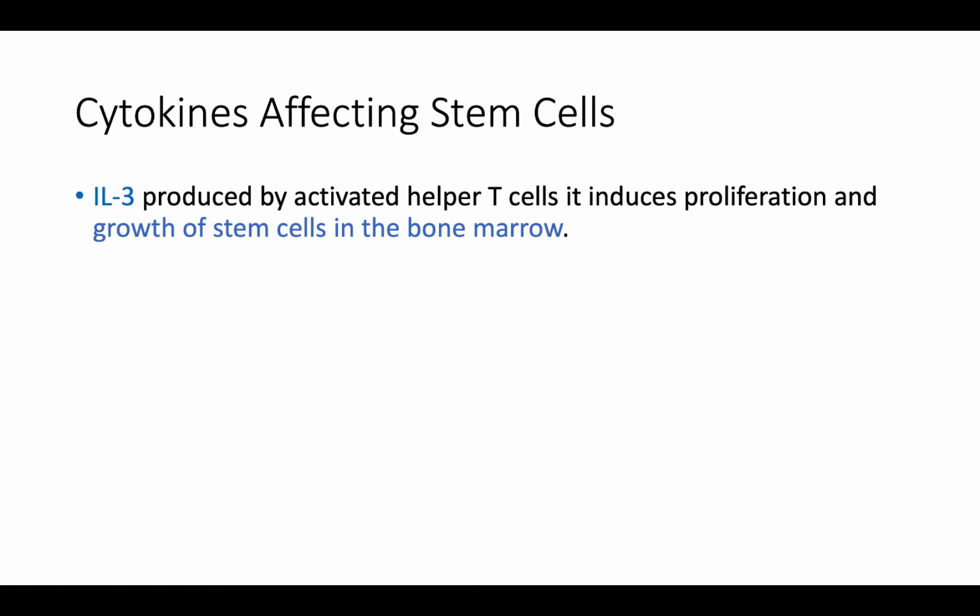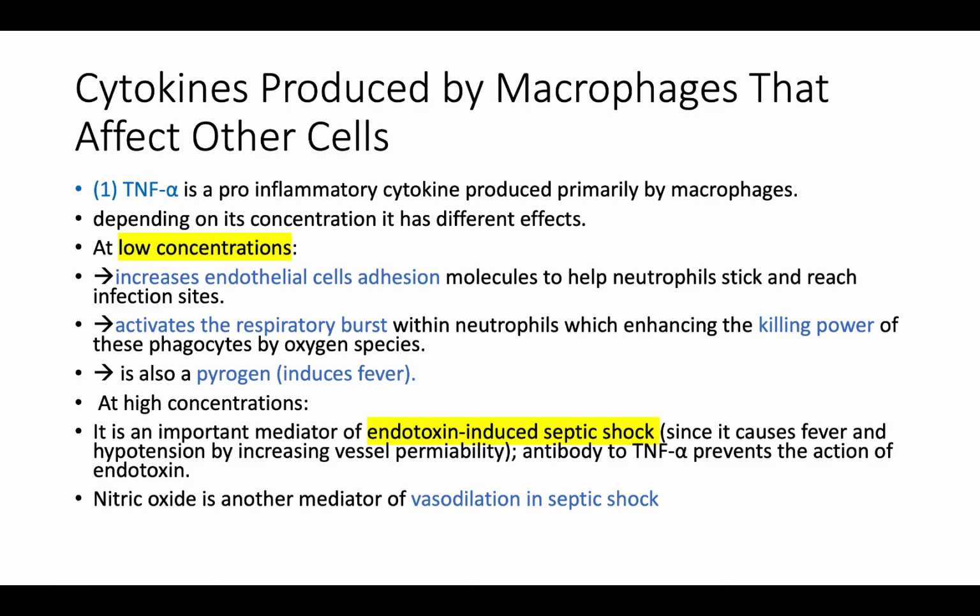So if you control infection, the proliferation of stem cells and white blood cells decreases, because as you are not activating helper T cells, you are reducing interleukin 3. A person who encounters more infections in their life has more interleukin 3, making more stem cells in the bone marrow into white blood cells.